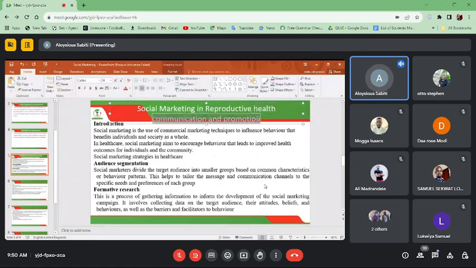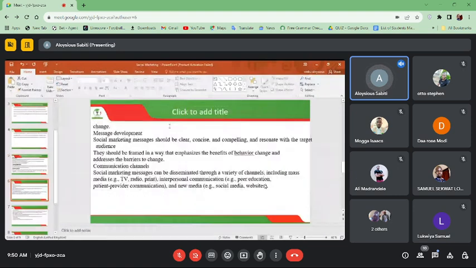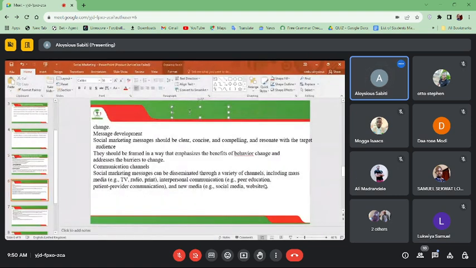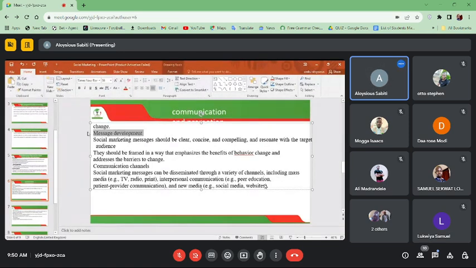The third marketing strategy is what we call message development. Let me just highlight it here. In message development, social marketing messages should be clear, concise, precise, and compelling, and they should resonate with the target audience.